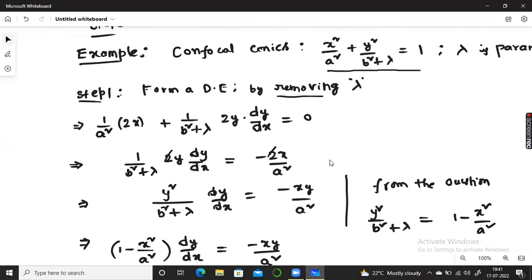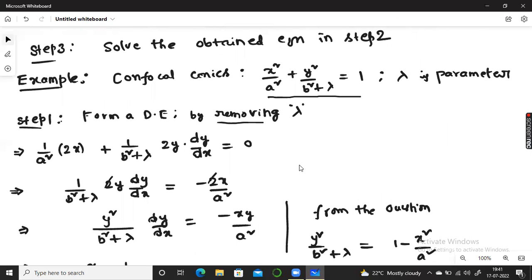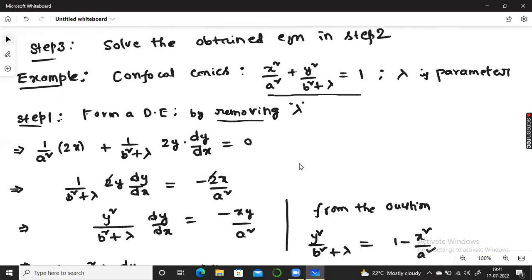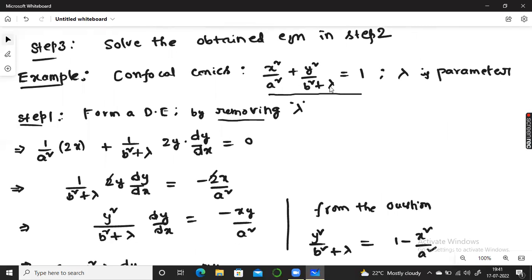So from the beginning, let us have a little summarization. The question is like this: a confocal conics family of curves they have given. Lambda is the parameter. In step 1, we formed a differential equation by eliminating the parameter, the arbitrary constant lambda.